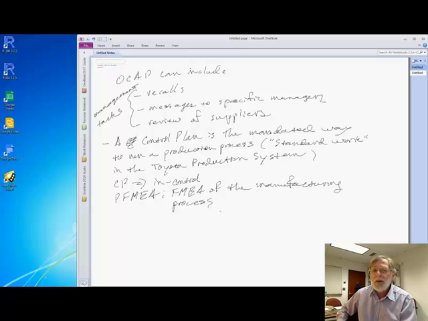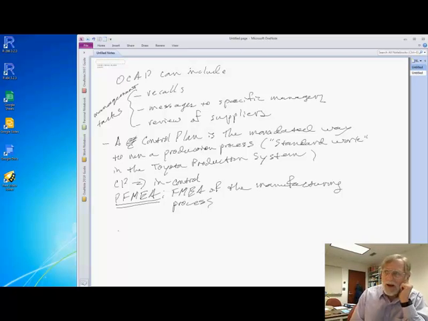Well, that's a failure mode. And the business process is the actual manufacturing line. So a process failure modes and effects analysis says, let's build an FMEA of all the ways a process can fail.